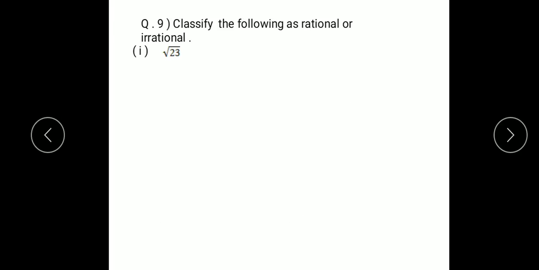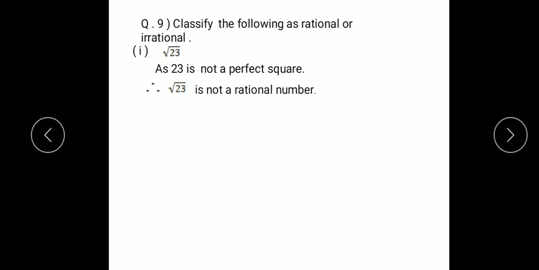Let us come to the last question of exercise 1.3, which states: classify the following as rational or irrational numbers. We have already seen numbers of the form nth root of a. So, if a is a perfect square, then square root of a will be a rational number.